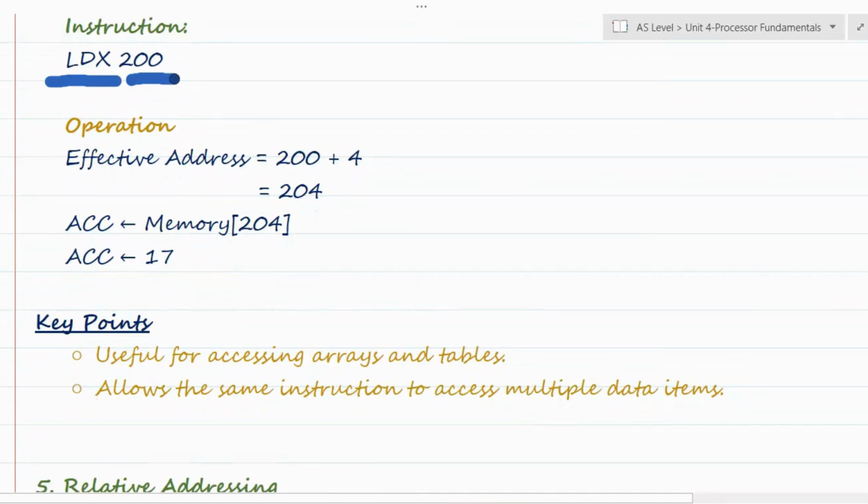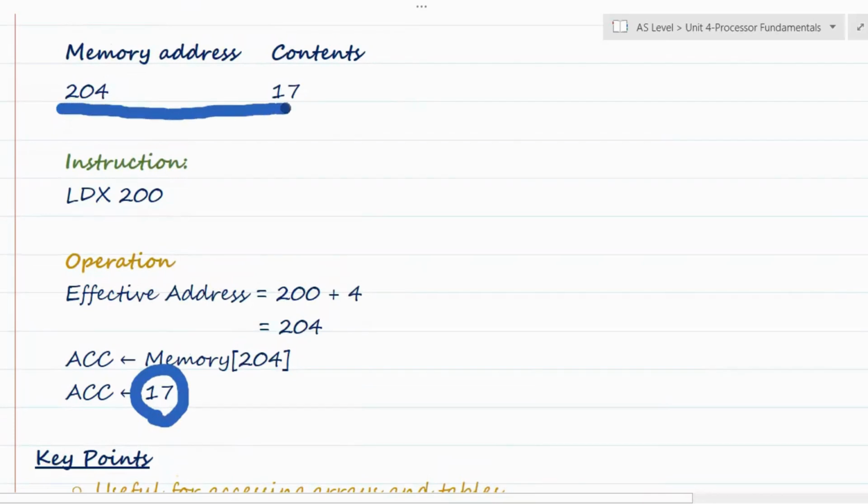So the actual address is calculated by adding 4 to 200. The 4 is the value that we got from the index register. This value is added to 200. The final address that we got is 204. So the accumulator will get whatever is stored at 204, which is 17. We have just seen that 204 has 17 stored, so the accumulator will get 17.